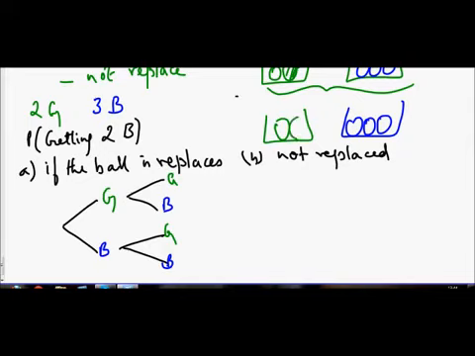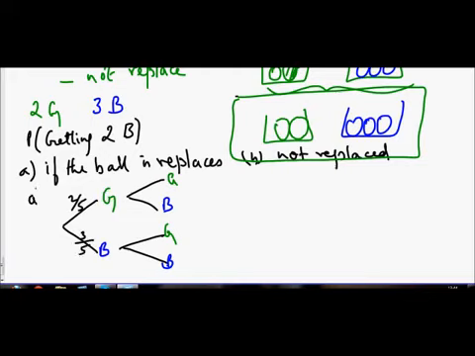This is the box which contains 2 green balls and 3 blue balls. So in the beginning you have 2 green balls out of 5 total balls, so 2 over 5, and 3 over 5 as the probability of getting a blue ball. In the second draw, when you are replacing it, it's not going to change; there are still 2 green balls and the total is still 5, so the probability remains the same.